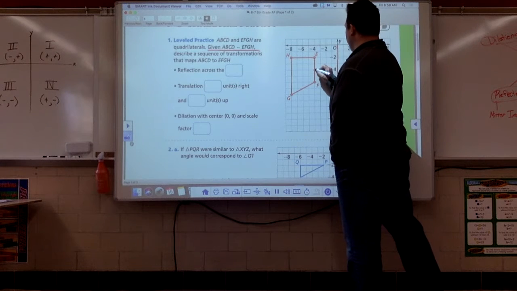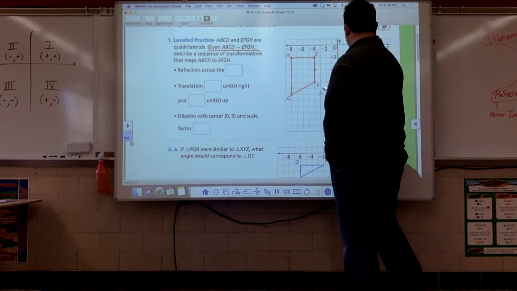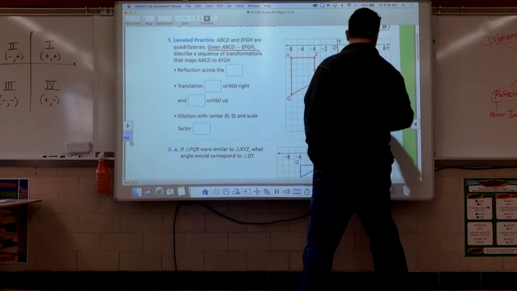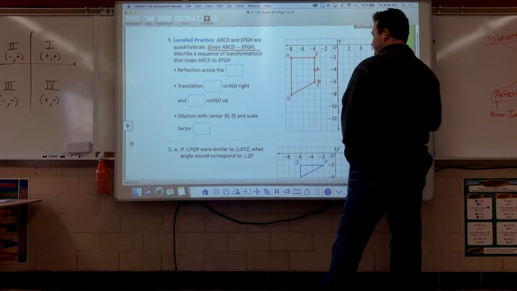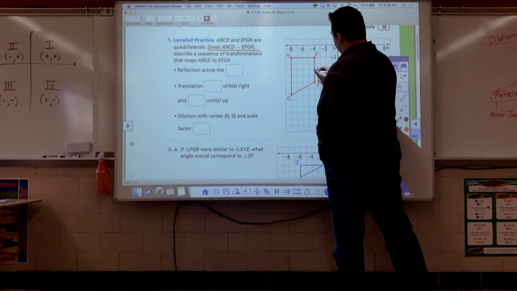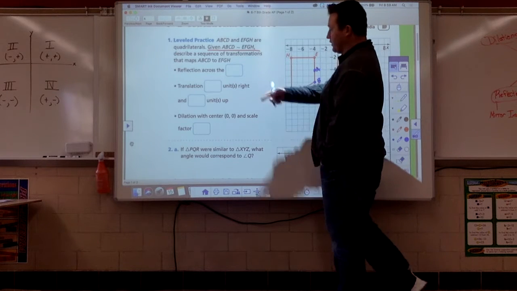So A is going to move over here. B is going to move right here. So here's A, here's B. We should probably make this in a different color.